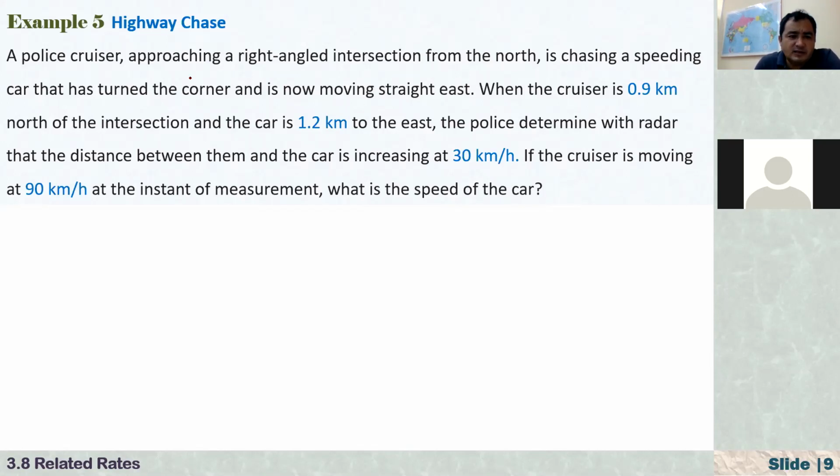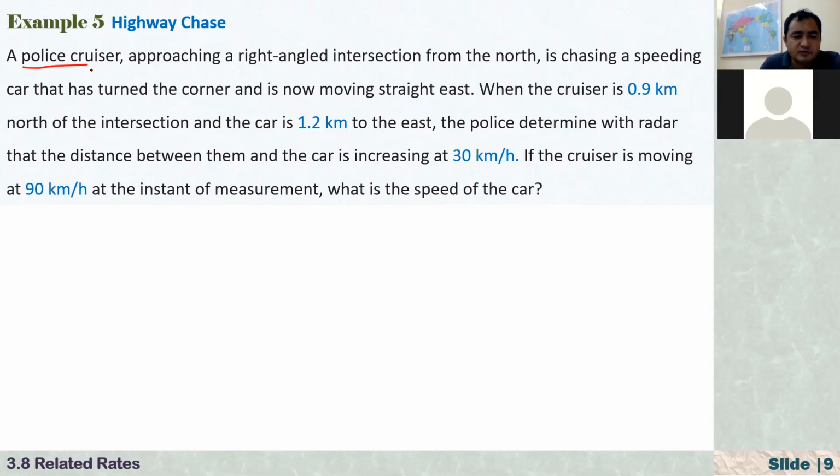So number one, it says a police cruiser is approaching a right-angled intersection from the north, is chasing a speeding car that has turned the corner and is now moving straight east.